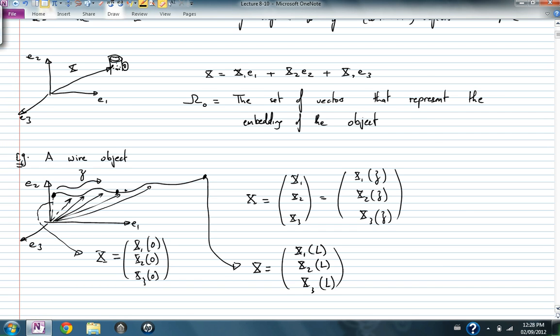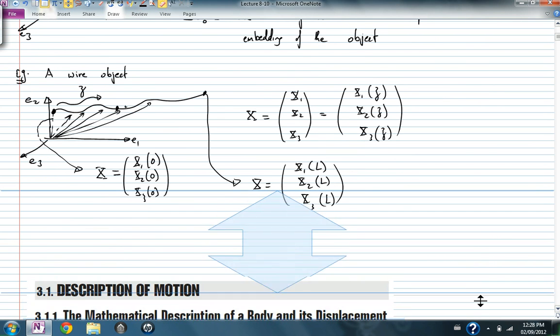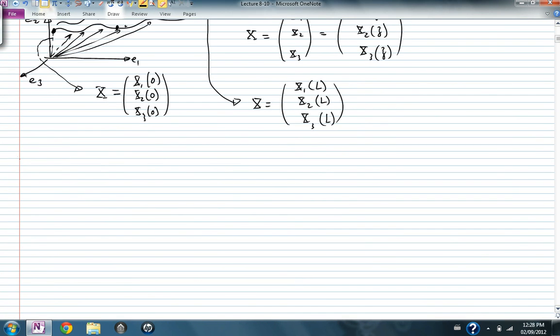Another example. Also another wire object, but with a curve, a known curve. For example, this curve from 0, 0 to 1, 1, where y is equal to x squared.